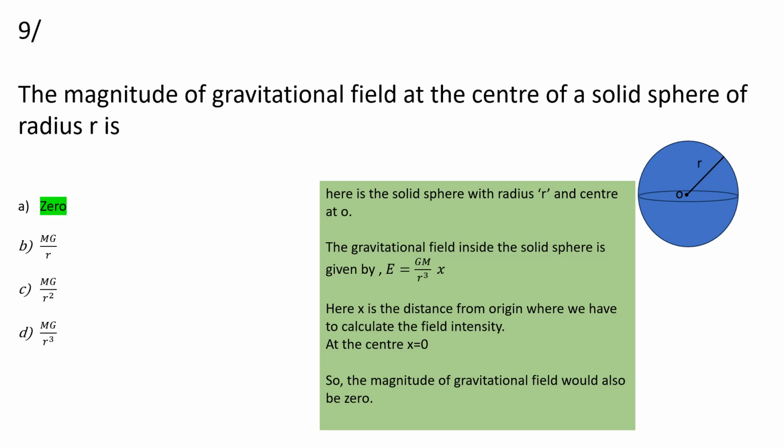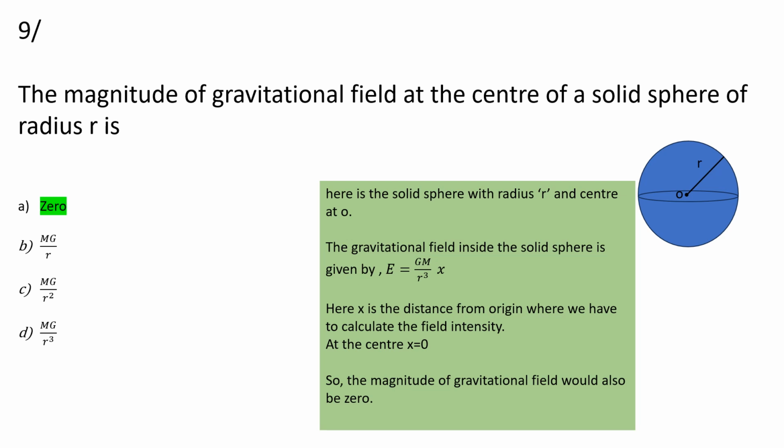Question 9. The magnitude of the gravitational field at the center of a solid sphere of radius r is. The options are 0, mg by r, mg by r square and mg by r cube. So here we can see a solid sphere with radius r and the center at O. The gravitational field inside the solid sphere is given by E is equal to GM by r cube into x, and here x represents the distance from the origin where we have to calculate the field intensity.